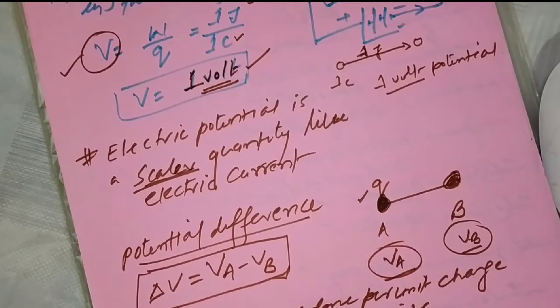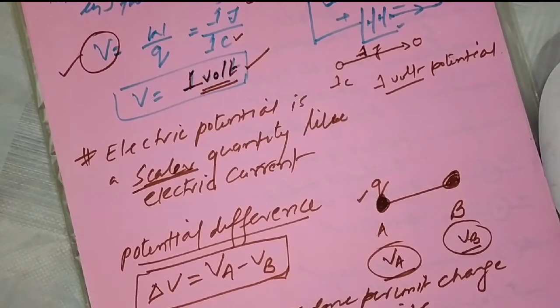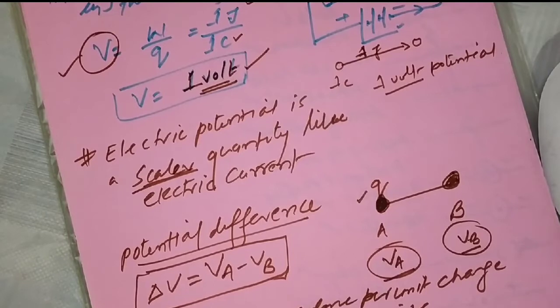So delta V is VA minus VB, or you can say it's W upon Q, because we have done the work from this place to this place, the total work. So it is potential difference.